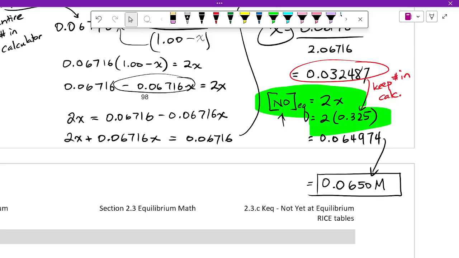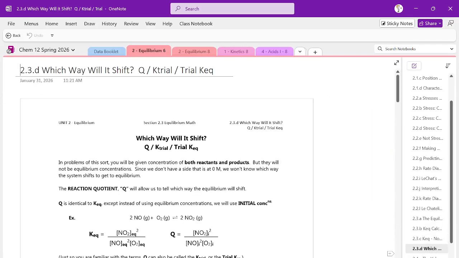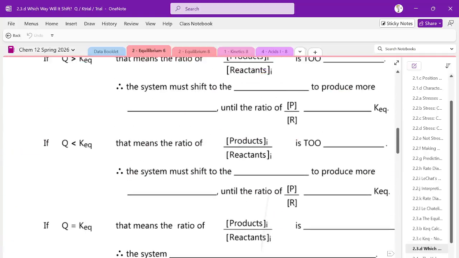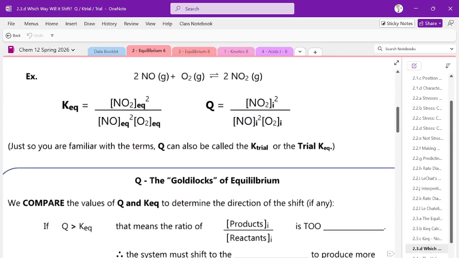So what we're doing is example number 2 and example number 3. We are going to be on page 100.